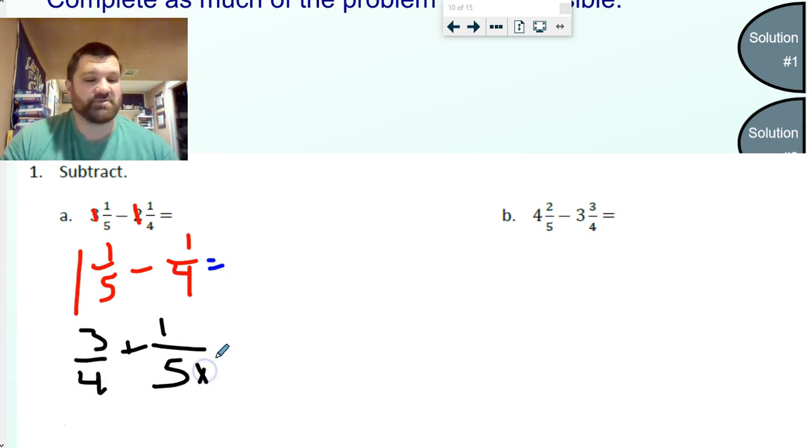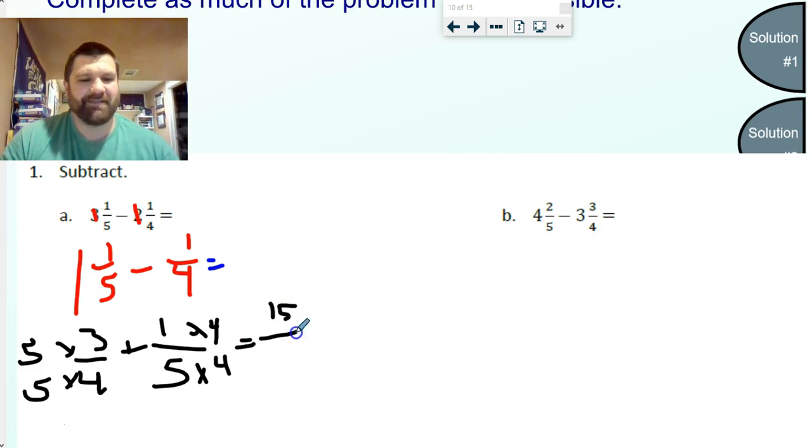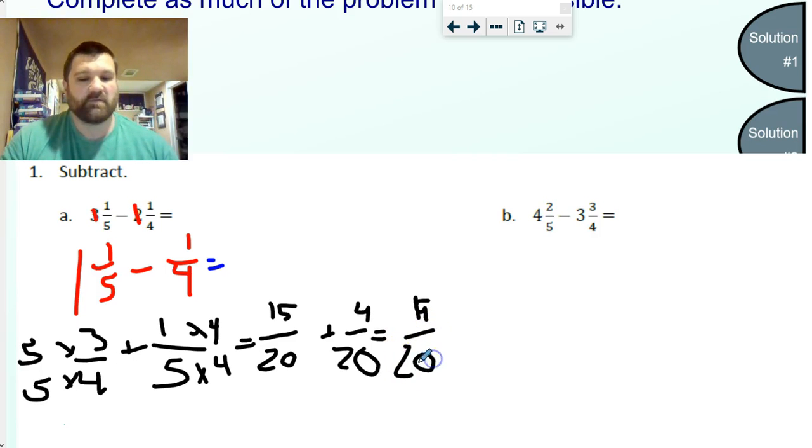Sometimes you're going to start to just know what the common denominator is. Remember what you do on the bottom, you do on the top. Good job. 5 times 3 is 15. I gave you the answer. 15 times 3, 5 times 3. You end up with 4/20ths. Okay, and when you add it together, same answer, 19/20ths. Okay, pause, do number B.